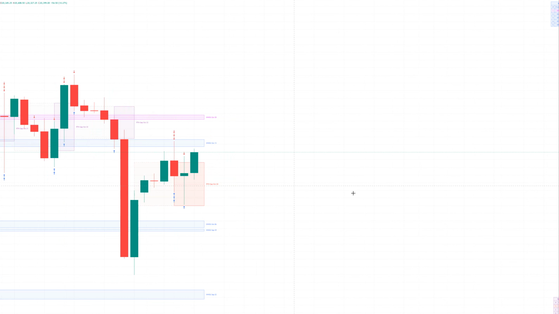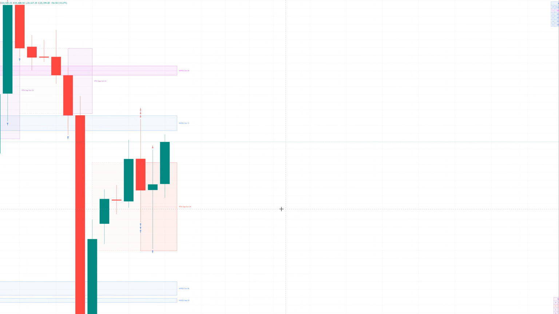If you notice, it's tapped into the new week opening gap, and the execution is just above, which is where this candle rests. Now, let me zoom in a little bit so you get a better view of this, and hopefully you'll be able to follow this with your eye. I think it's pretty straightforward.